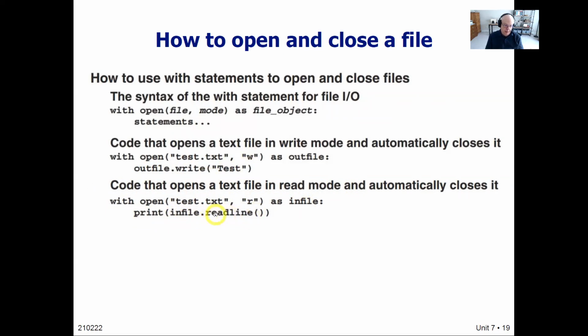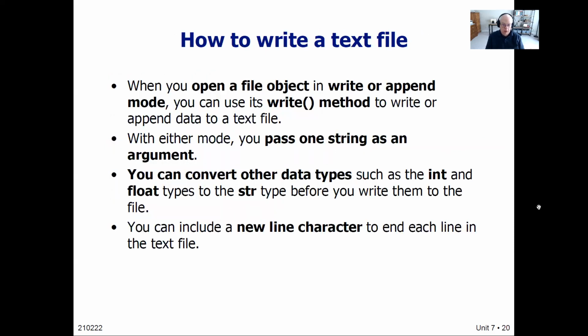Now this is a method we're going to learn about here in just a minute. We're going to read one line. It basically reads the next line in the data file that is open. And so if we're at the top of the file, the next line is the first line, right? So it would read the first line, and it's just a method, so we have to have parentheses on it. But pretty simple. There's nothing hard about this.